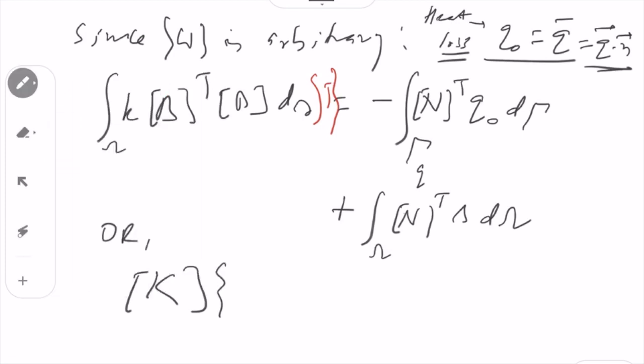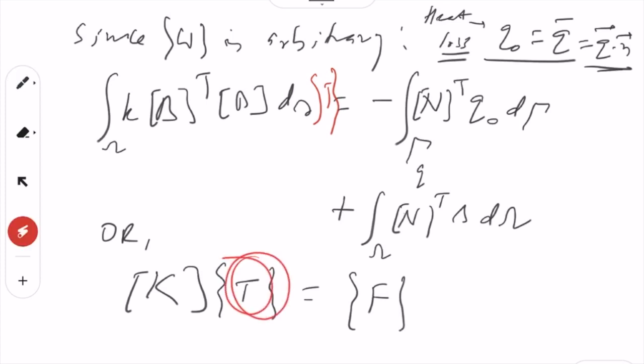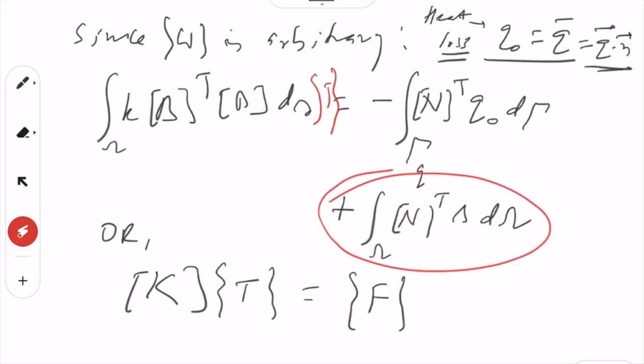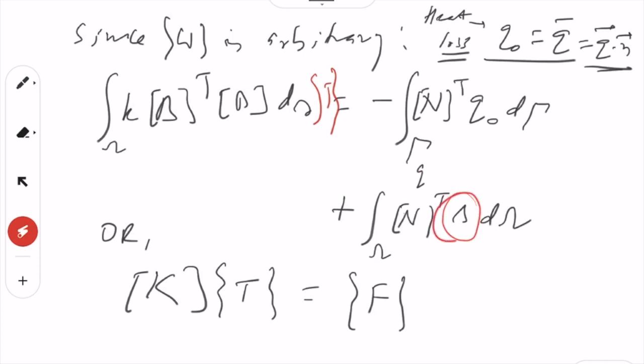So K times T equal to F. So T is basically U, right. So equal to F, where K is equal to this, T is here, F equal to this, that is the contribution coming from the heat source, and a contribution coming from the boundary as well, right.